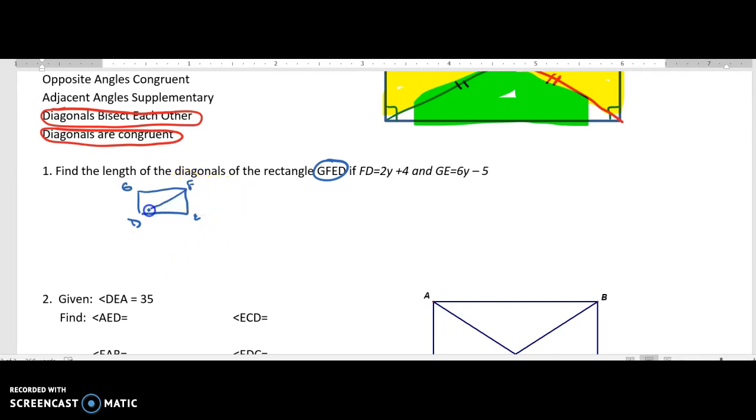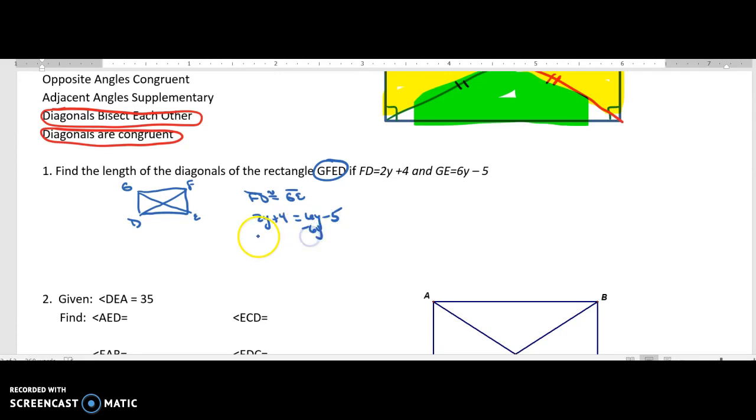Now they're telling me FD is 2y plus 4 and then GE is 6y minus 5. Well, what do we know about the diagonals of a rectangle? They are congruent. So we know FD is congruent to GE. So what do we do with their measures? We set them equal to each other. 2y plus 4 equals 6y minus 5.